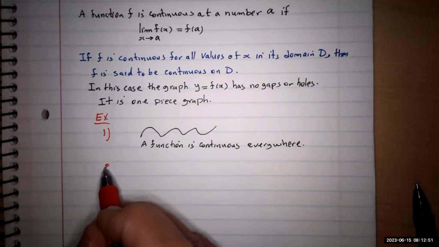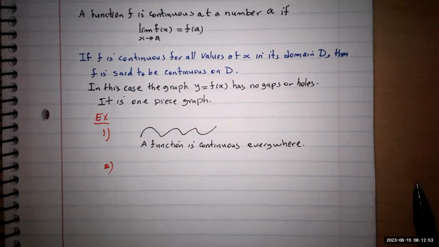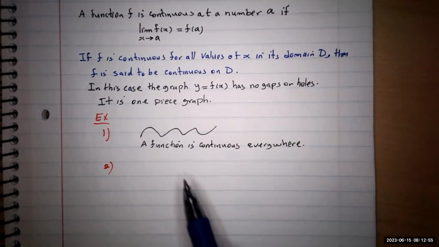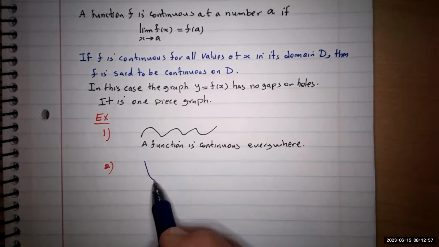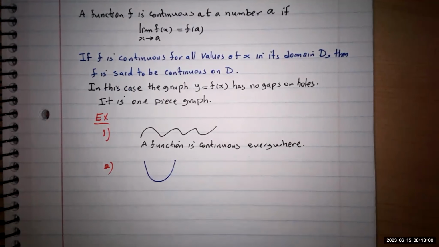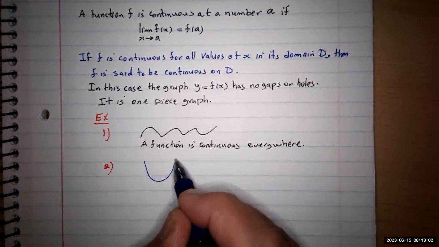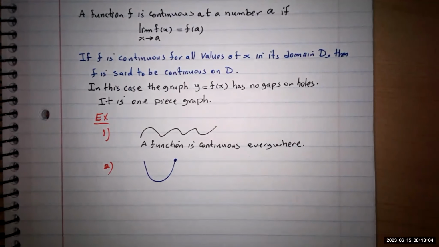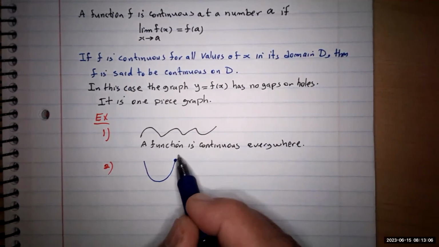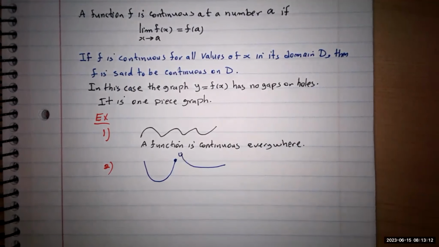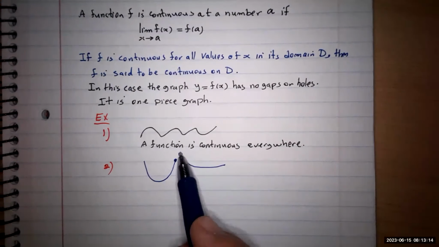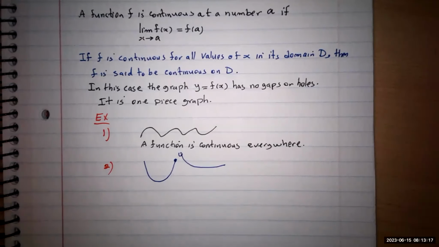Let me give you another one. If this is going to be the graph of your function, you get something like this one, but a little bit up here. You see, there is a gap between the parts of the graph.